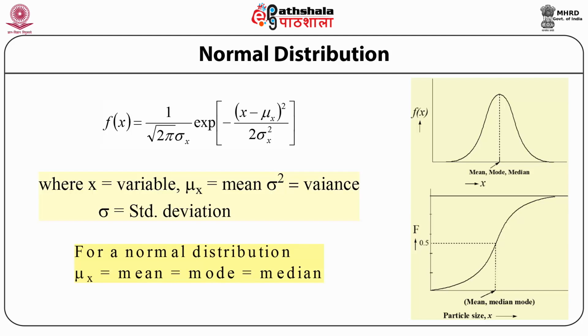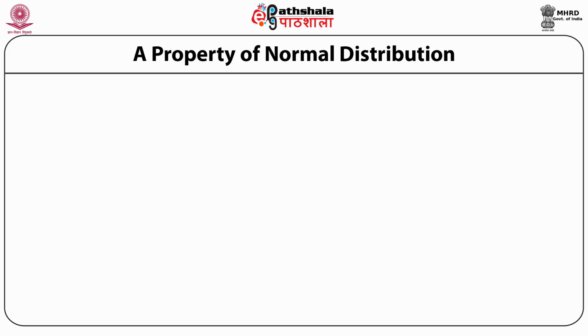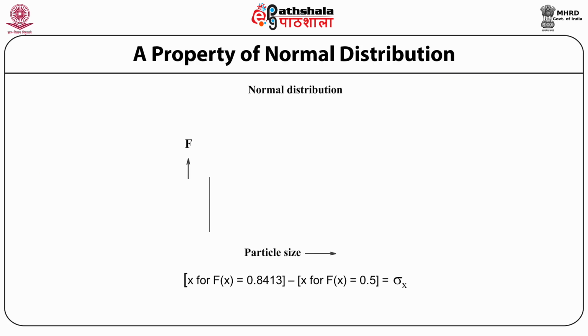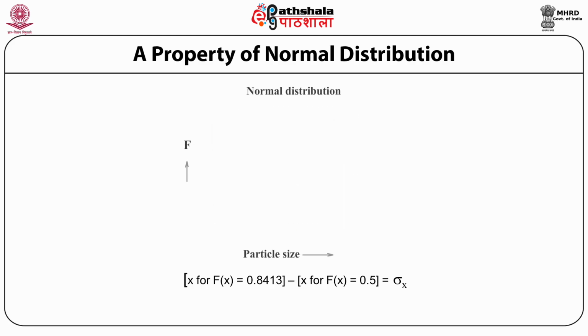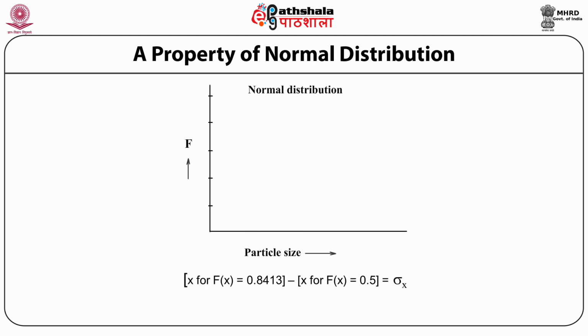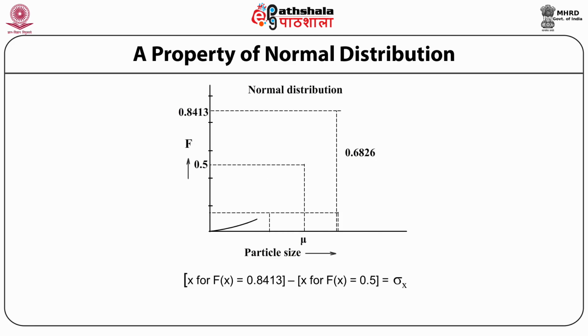These quantities are shown on the cumulative curve of the normal distribution in figure 3. Another important property of the normal distribution is that x for F(x) equal to 0.8413 minus x for F(x) equal to 0.5 is equal to sigma x. Here, F(x) is the cumulative frequency for x.